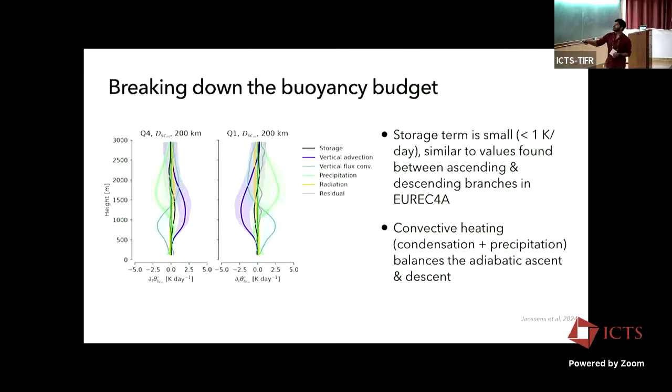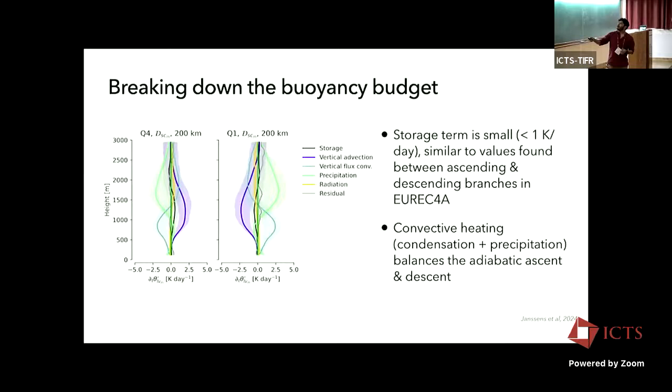So the purple shows this vertical advection, and it's very nicely balanced by the combination of this flux convergence and the precipitation at different levels. The flux convergence is just how much moisture is being brought into this level, and that's aided by condensation also at some level after the LCL.